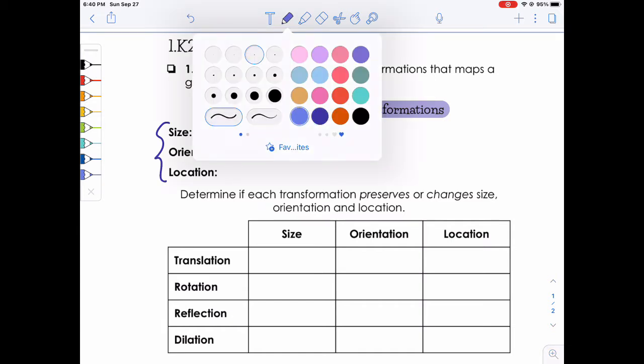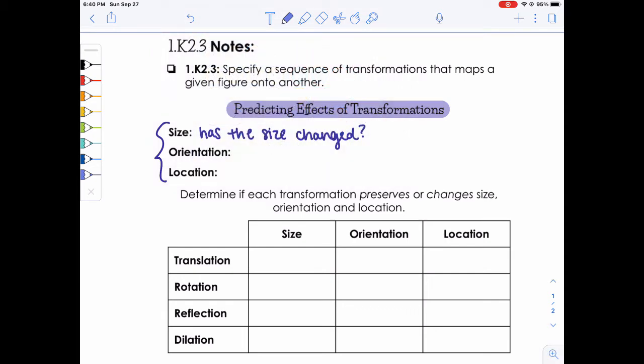For orientation, the orientation is the order of the vertices. So if we're looking clockwise around a shape, are the vertices going in that same order?